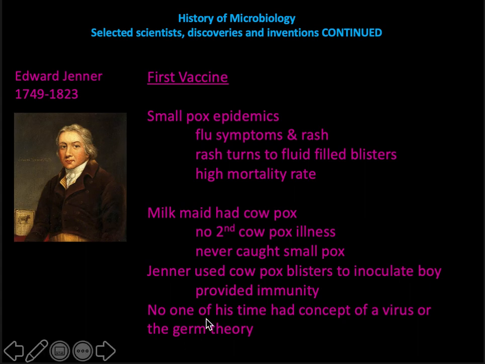So Edward Jenner's biggest contribution is this observation that exposure to a similar weaker version can give you protection from the more deadly form of the illness. But he didn't know that it was a virus. He didn't know smallpox was caused by a virus.